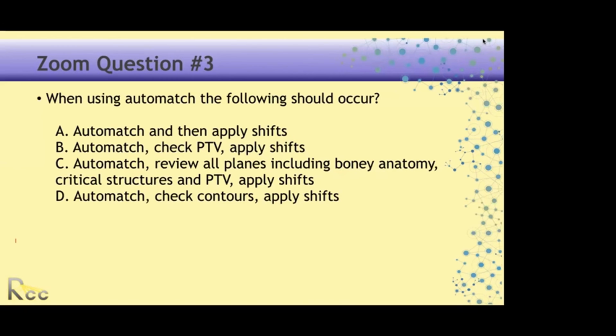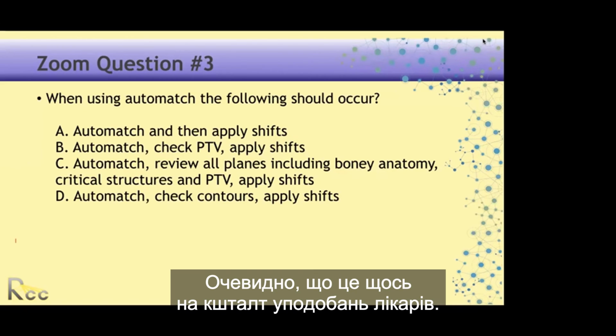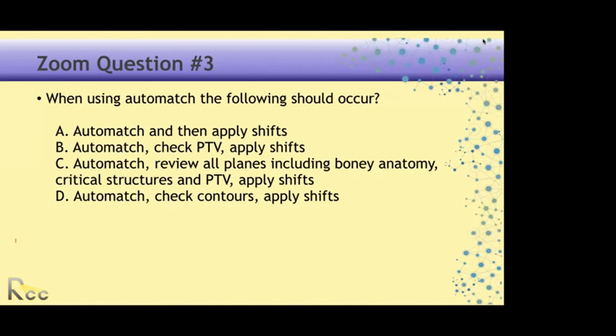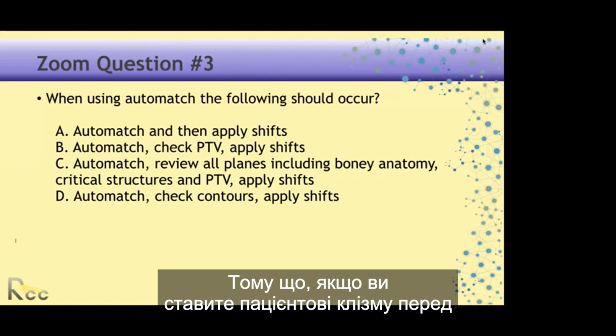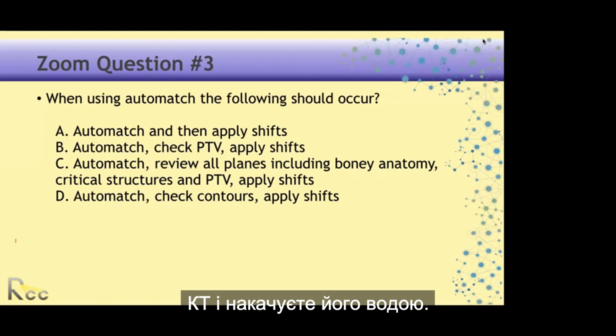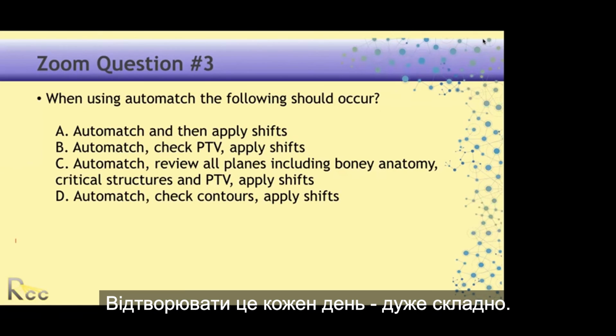Obviously it's a doctor preference thing. I prefer what is their norm, because if you give the patient an enema before their CT and pump them full of water, recreating that every day is really challenging.